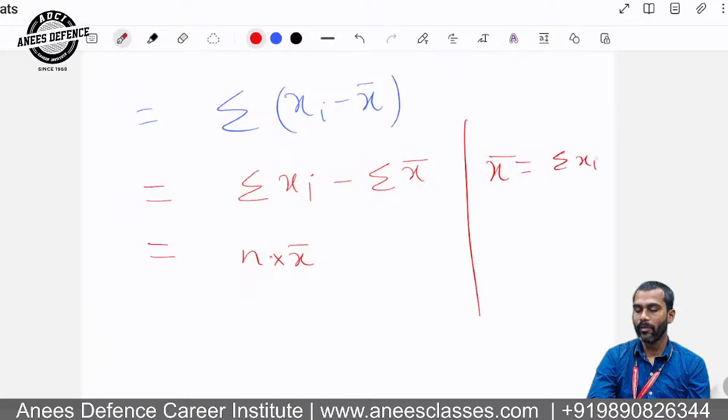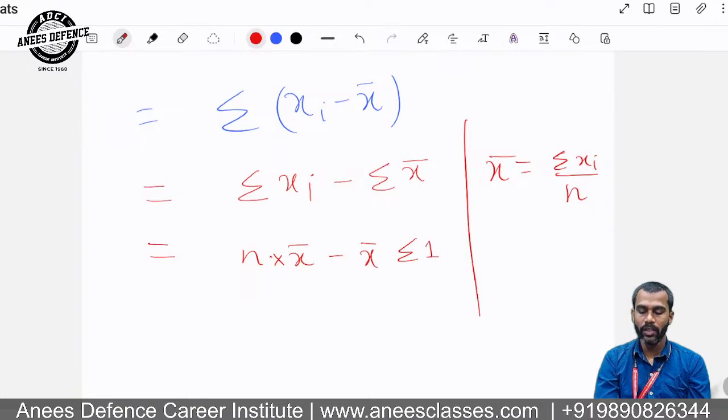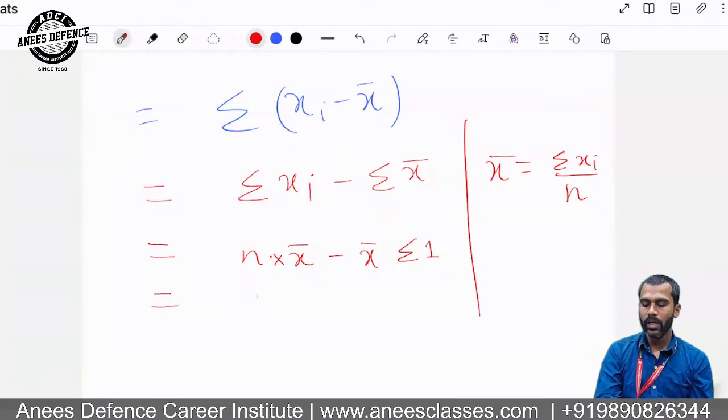Summation xi divided by n. So summation xi is nothing but n into x bar. Yes or no? Minus x bar is constant, so constant will come out, and summation 1. What is summation 1? We have already covered this. Tell me, summation 1 is n only. If you add 1 n times, you'll get n. Yes or no? So that is nothing but n into x bar minus n into x bar.